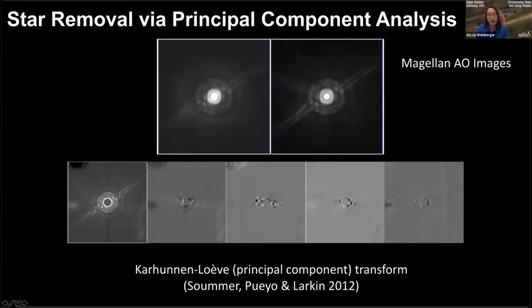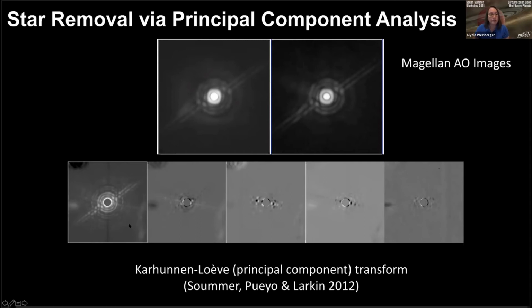You might take a stack of these images, hundreds or thousands of these images, and then you use an analysis that looks for the commonalities between the images in that large stack. So anything that changes, for example, a disk rotating on the sky as the telescope tracks it, doesn't come out in that principal component.